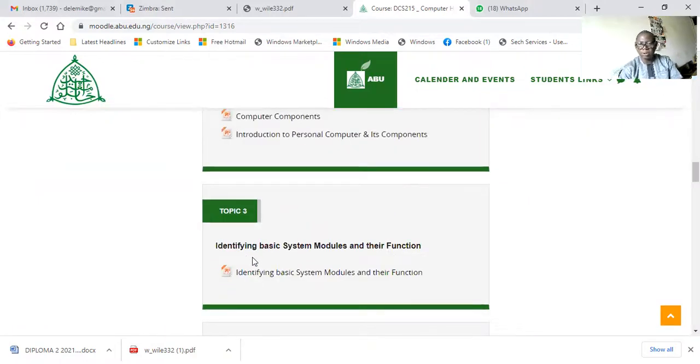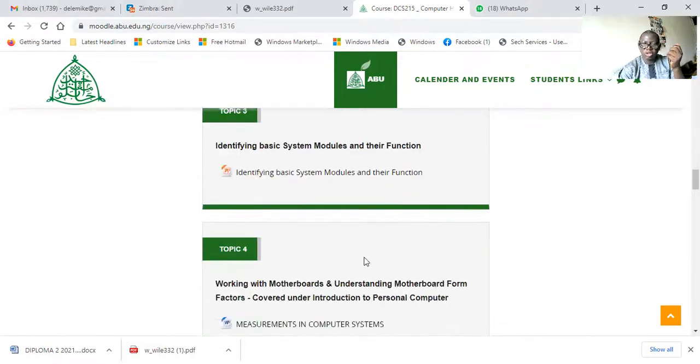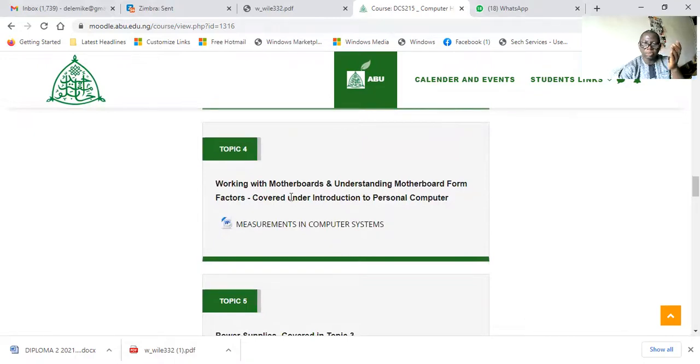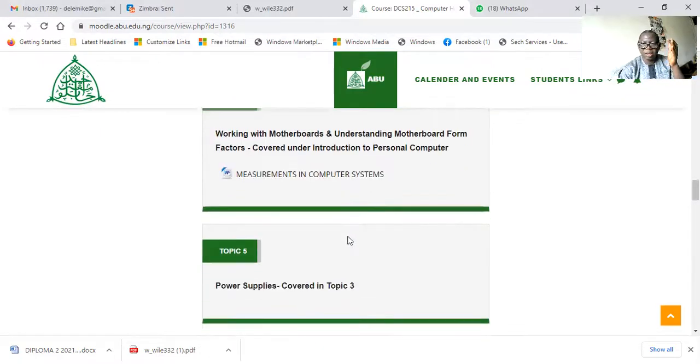We'll be talking about identifying basic system modules and their functions. We're talking about working with motherboards and understanding motherboard form factors. Then we'll look at measurement in computer systems. How do we measure memory and storage in computer systems?